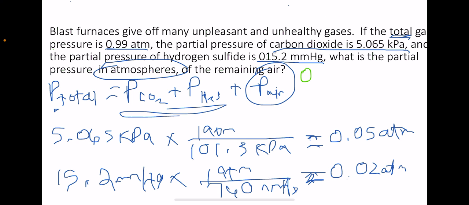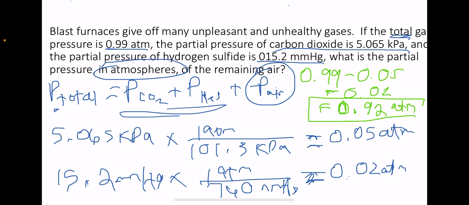For P total, we have 0.99, and we're going to subtract 0.05, and I'm running out of space, so we're going to subtract 0.02, and that will tell us how much the remaining air was. So the remaining air is 0.92 atmospheres. And that's how you solve that one.